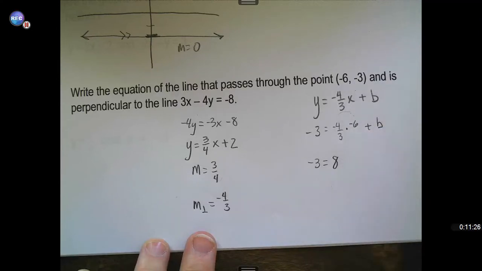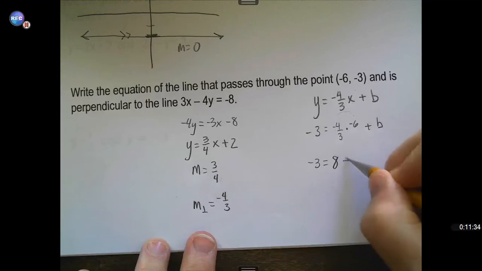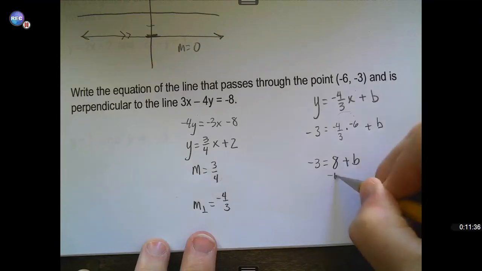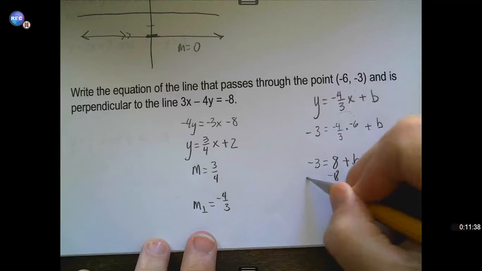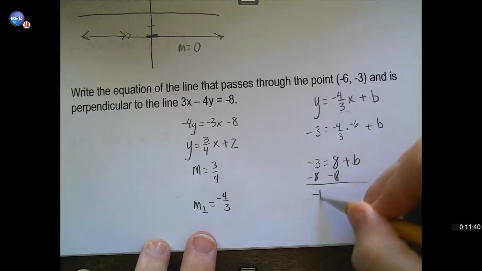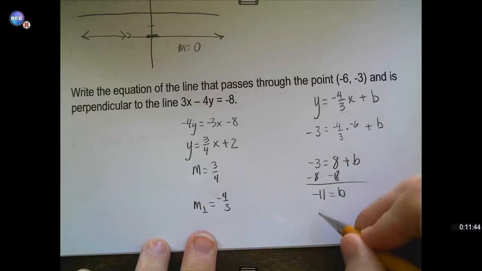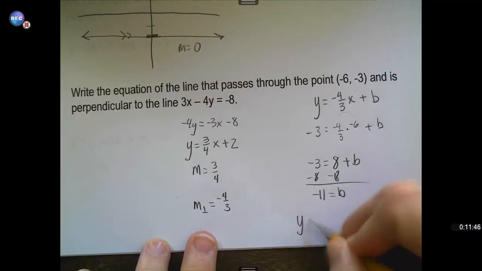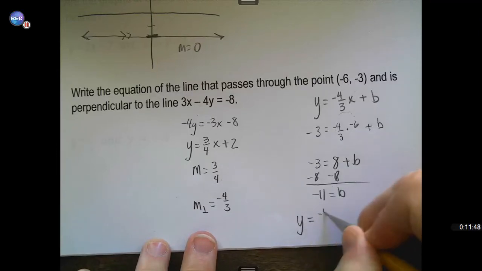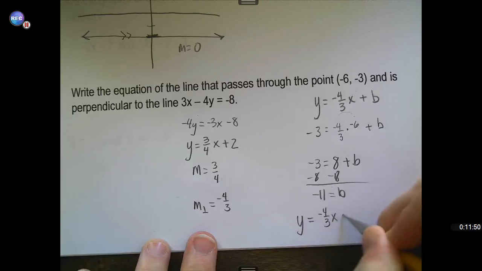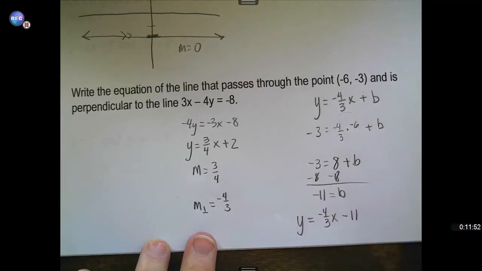And if you don't see where that's coming from, you need to know how to do that on your calculator, obviously. Okay, so 8 plus b, subtract 8 from both sides, and I get -11 equals b. So my answer to this problem is y equals -4/3 x minus 11.